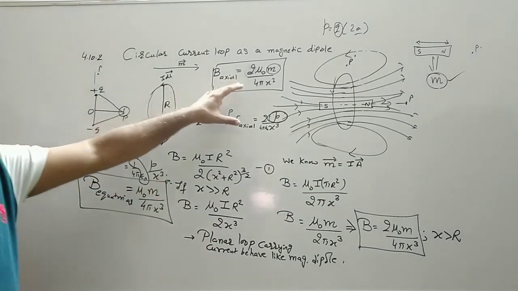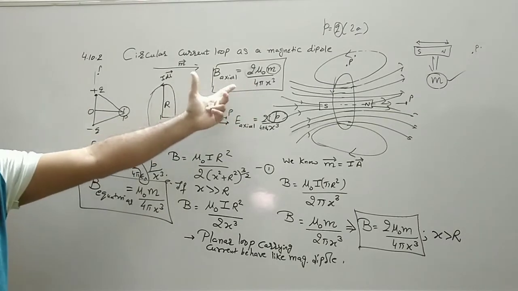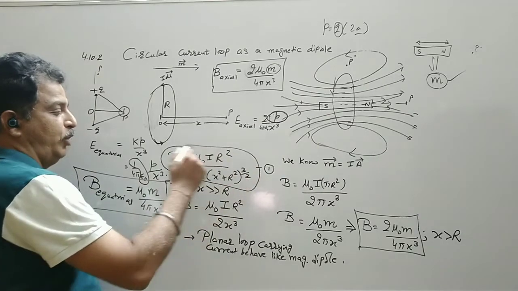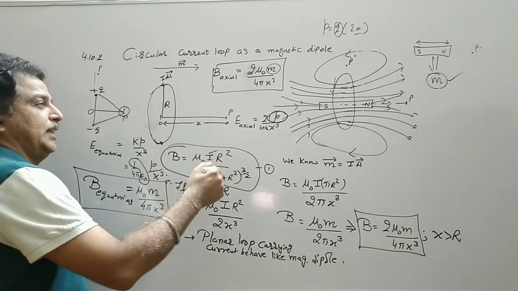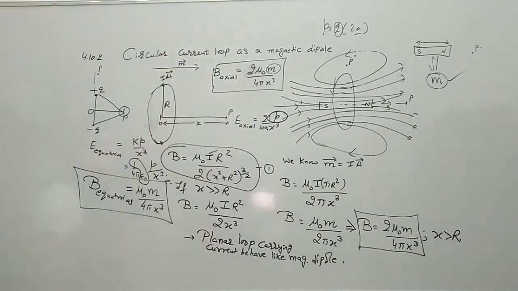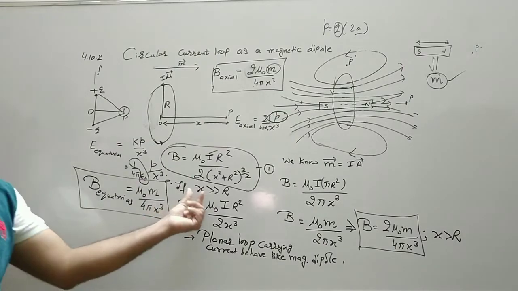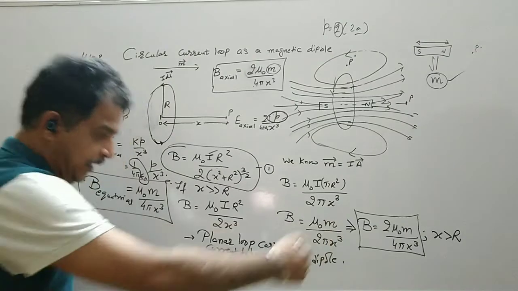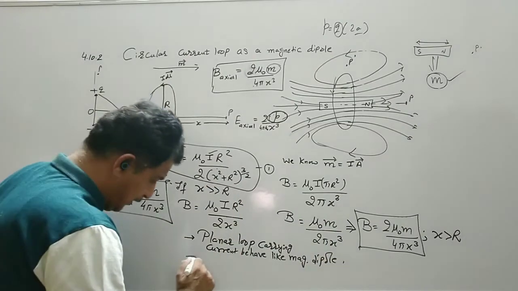The derivation in that case, we have derived this in the form of a current. This formula is equivalent to this formula, assuming x is greater than r. So a planar loop carrying current behaves like a magnetic dipole.